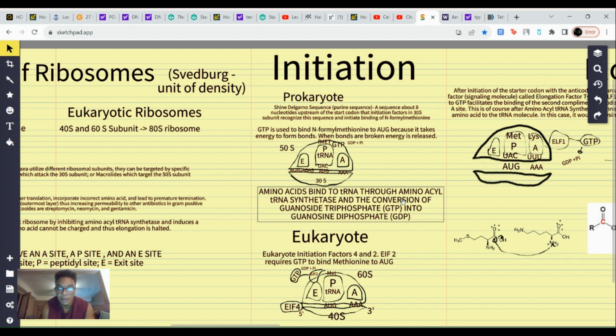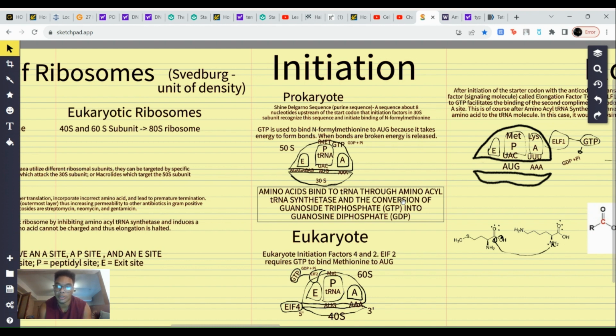The Shine-Dalgarno sequence basically signals for initiation factors in the 30S subunit, the small subunit of prokaryotes, to recognize the sequence and initiate binding of N-formyl methionine. As required with all binding, GTP is used. Well, not all binding. In this case, it's GTP.